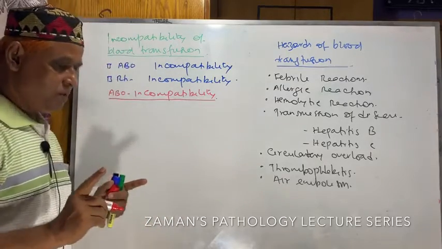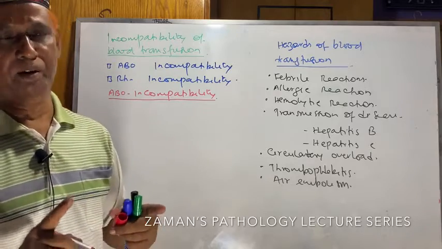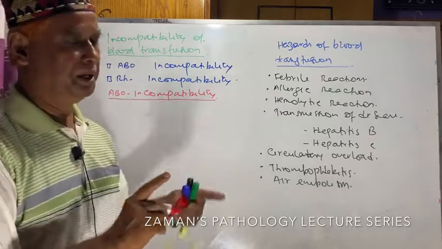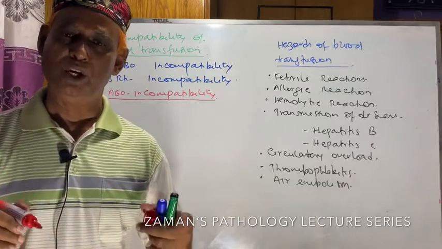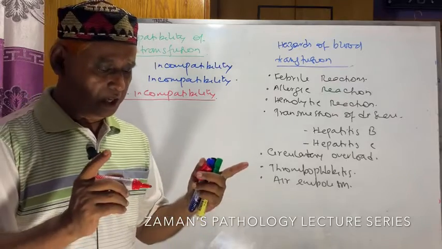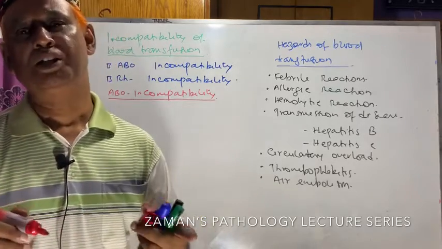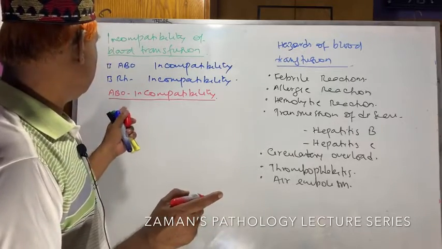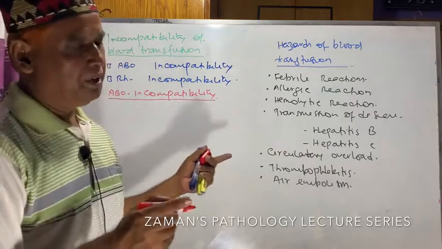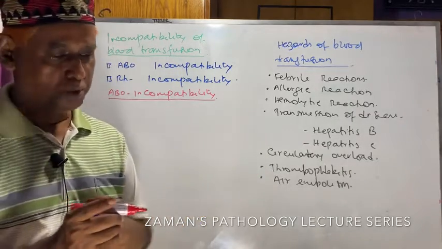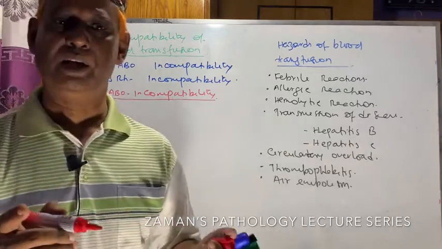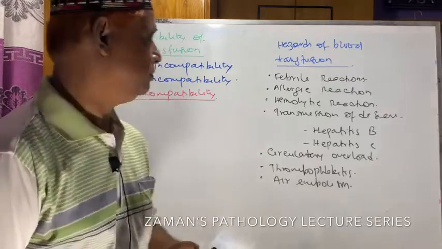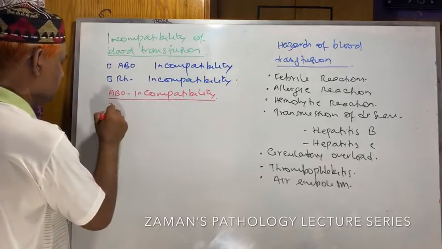If there is mismatched blood transfusion, there will be ABO incompatibility, and the donor's red cells and also the recipient's red cells undergo destruction.